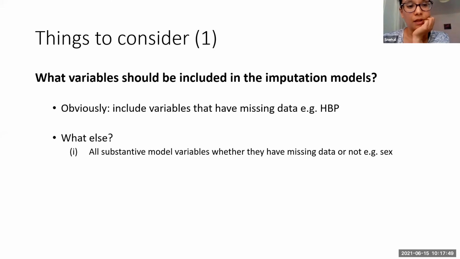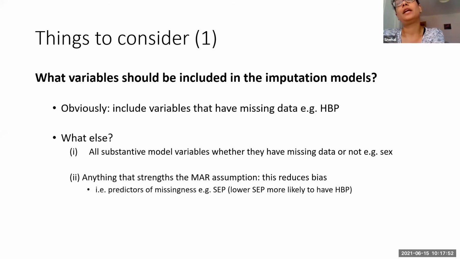Okay. Other things you want to include in your imputation models are anything that would strengthen your missing at random assumption, because this will reduce your bias. Okay. And my top tip is a great predictor of missingness, whether it's included in your substantive models or not, usually something like social class.